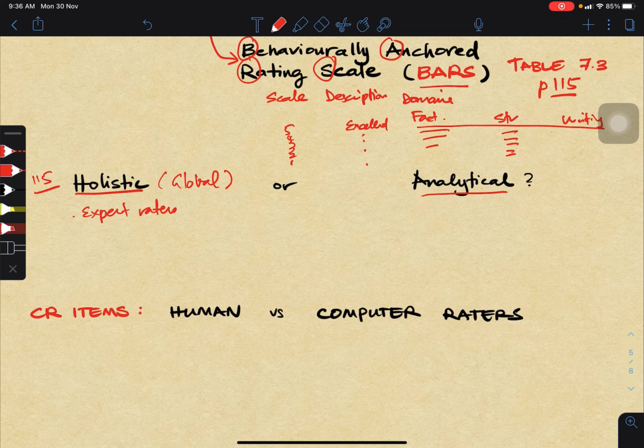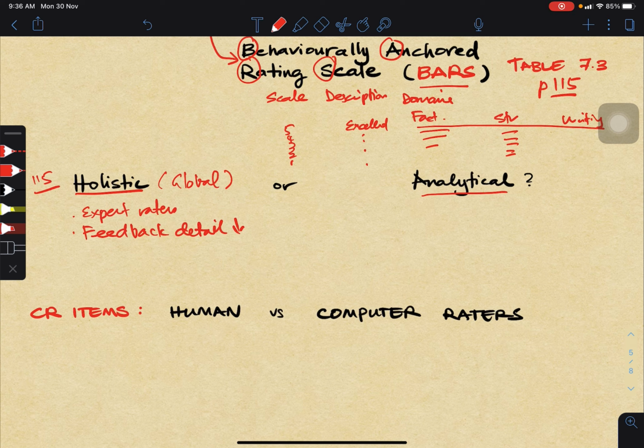But if you use holistic scoring or global scoring, then feedback would be less detailed, because you do not have the domains, how you do in this area, that area. That is not available.